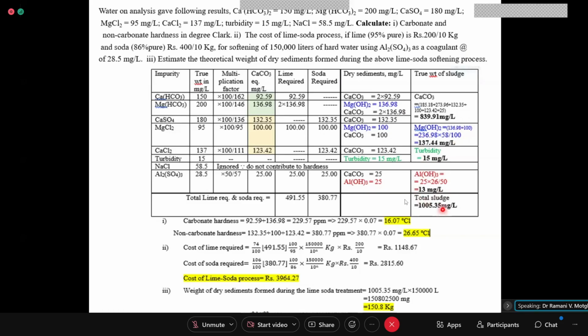Only one numerical with ferrous sulfate and, I think, with bicarbonate ions, no numerical has been done. I will add that tomorrow and we will do it on Monday. Monday we have class, is it your BTech class or MSc? Monday is BTech first year class, and MSc I think is on Tuesday.